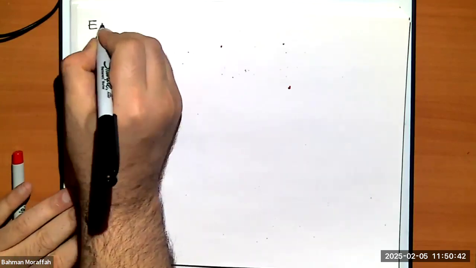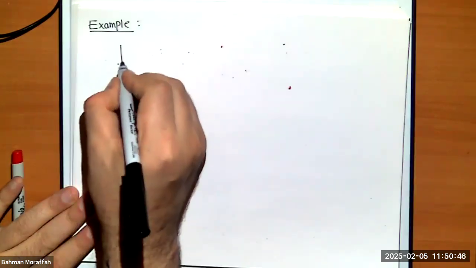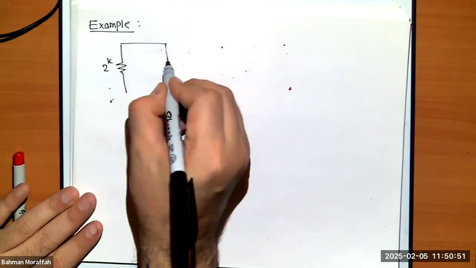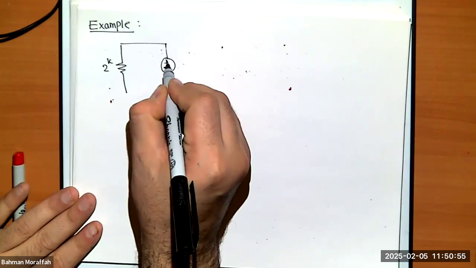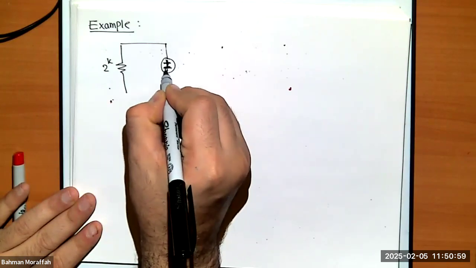This example is quite difficult. Not really, but more difficult than whatever we talked about so far. So let's just say I have a circuit that looks like this. I have a 2K resistance here. I have a source, positive, negative.